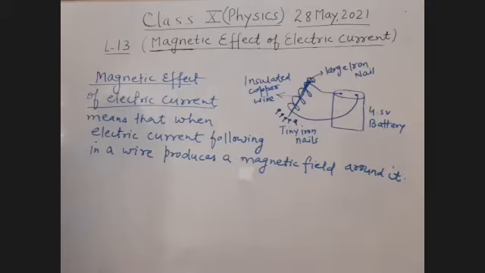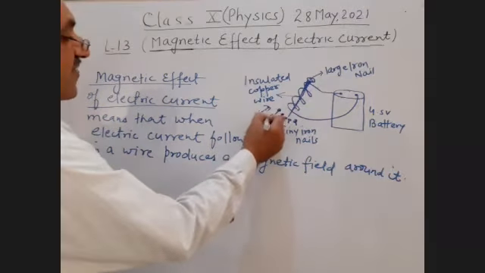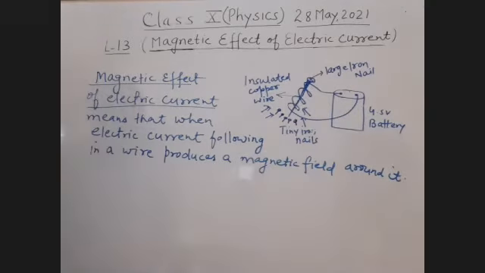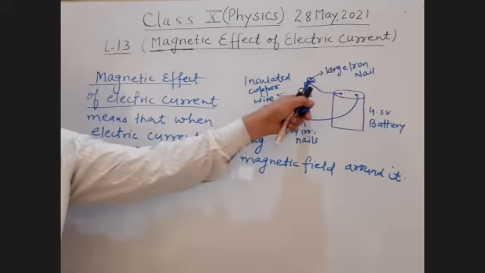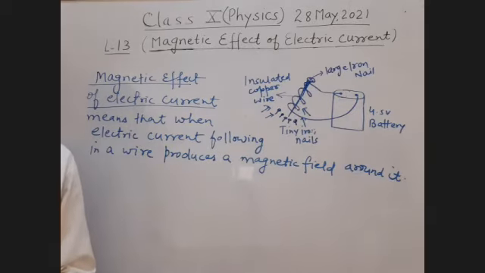So this is called the magnetic effect of electric current.